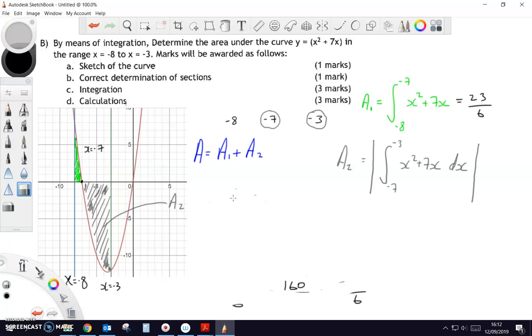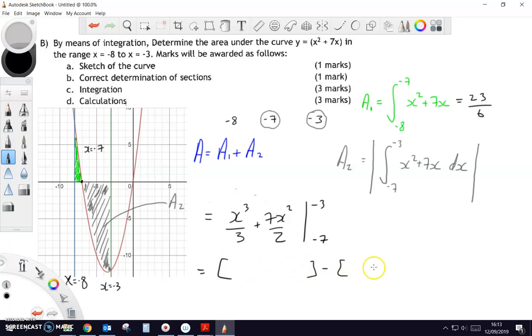And area 2 is going to be the same integral, right? It's x cubed over 3 plus 7x squared over 2, and the limits are slightly different, minus 3 over minus 7. You can use a modern calculator there, makes life easier. Anyway, this equals something in the square bracket minus something in the square bracket.